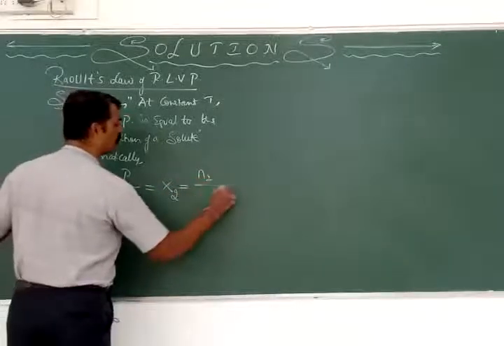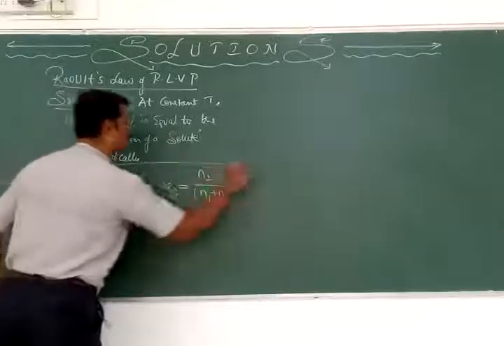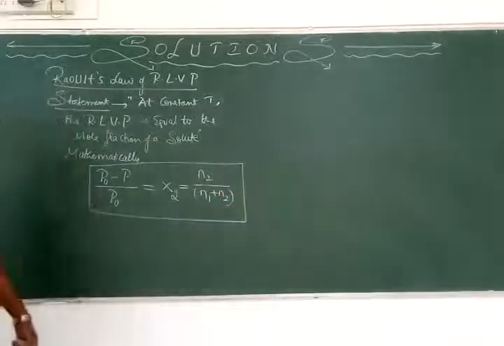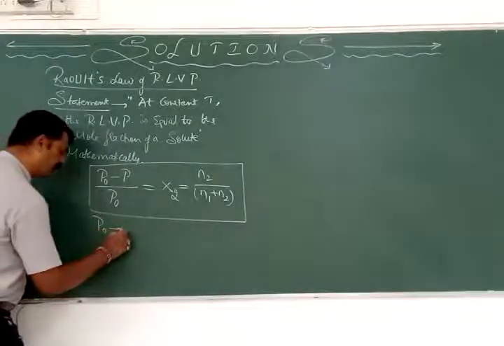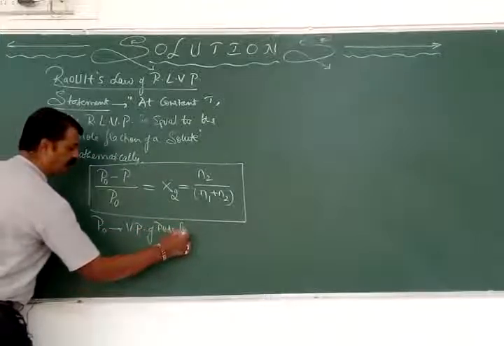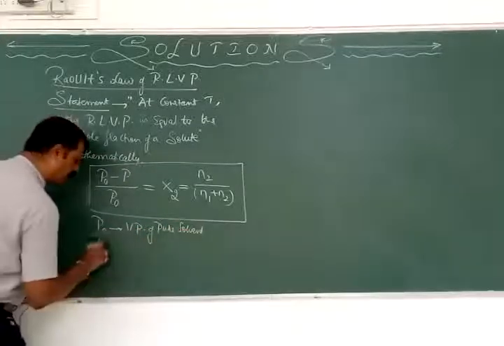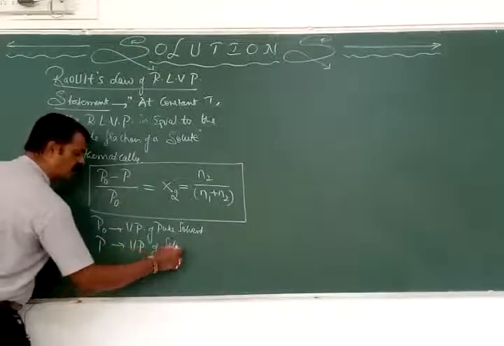This X2 is also given by N2 divided by (N1 plus N2). Here, as usual, P naught is the vapor pressure of the pure solvent, and P is the vapor pressure of the respective solution.